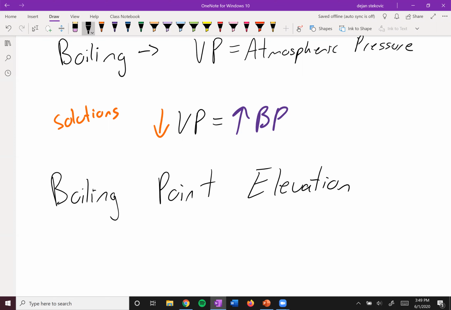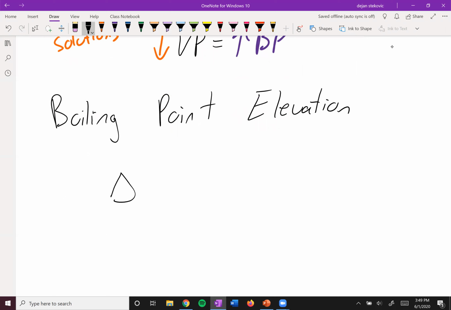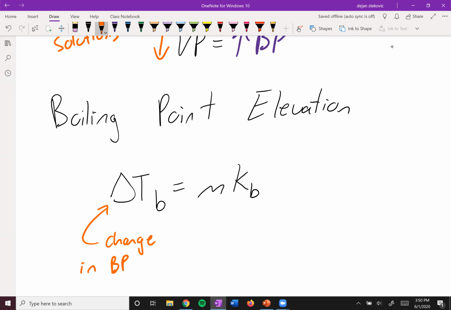And so it gets this equation of delta TB, the change in the boiling point, is equal to the molal of the solution times KB, which is just a constant. Again, this delta TB here is the change in boiling point. This is molal, or molality.